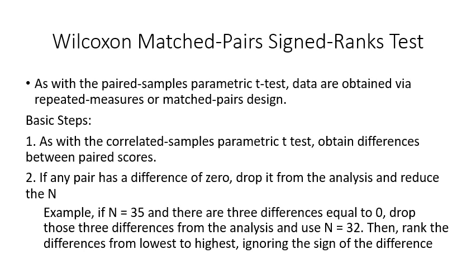An important thing to do, and this is one of those things that's kind of weird, is that any difference of 0, anytime we get a difference of 0, we completely drop it from the analysis and we reduce the n accordingly. So if we've got an n of 35 and 3 differences are equal to 0, we drop those 3 out entirely and our n now becomes 32. That is one of the issues with the Wilcoxon matched pairs signed rank test, or the Wilcoxon T test, that any differences of 0 we just ignore.